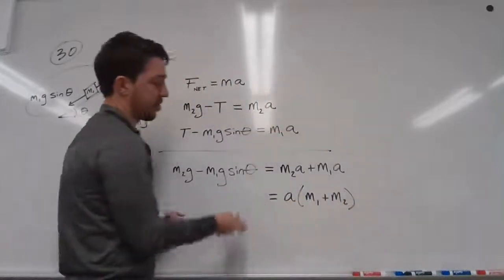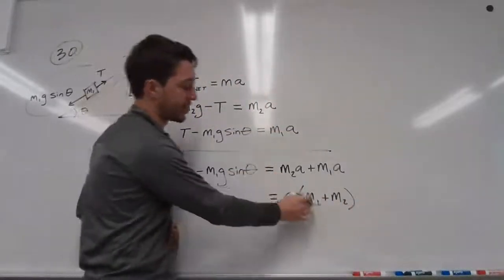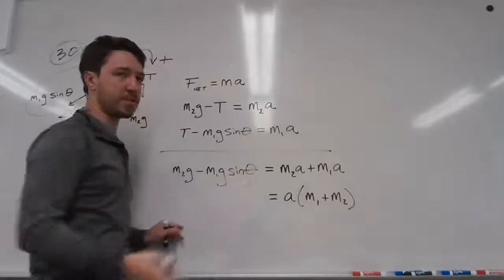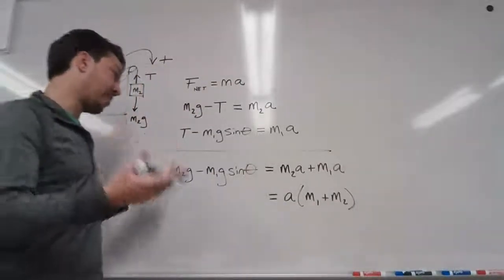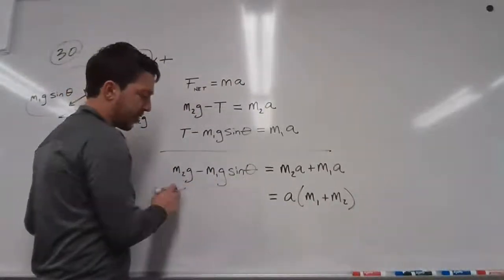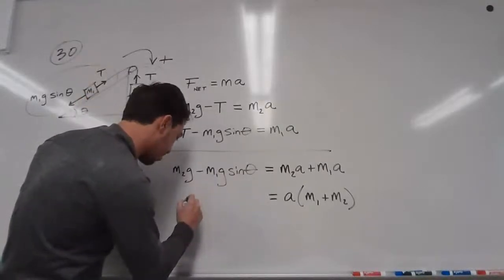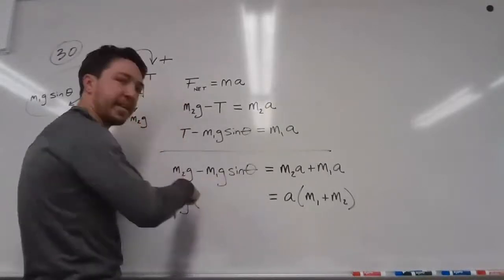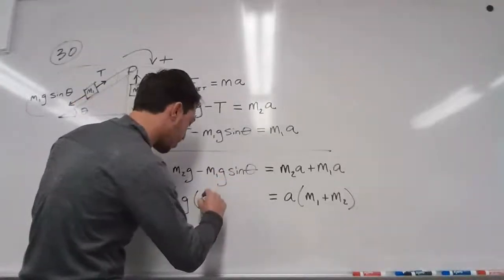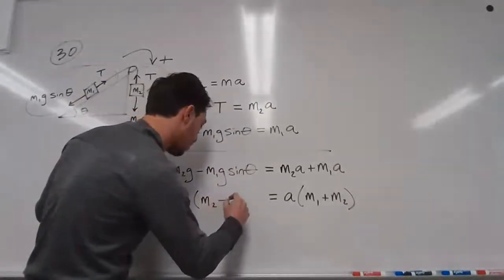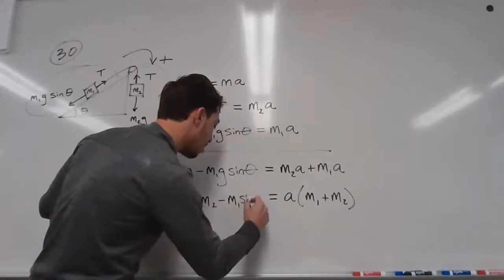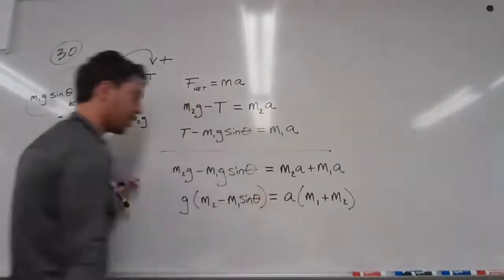I'm also, for aesthetic purposes, writing it as M1 plus M2 rather than M2 plus M1. You don't necessarily have to do that, but could I also factor out something over here? Factor out the G, because then down the road, it's going to be nice to have everything in terms of G as some ratio. So there you go.